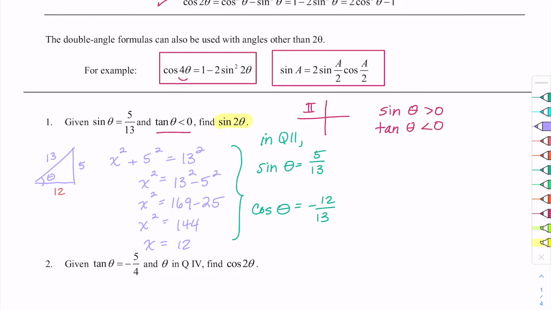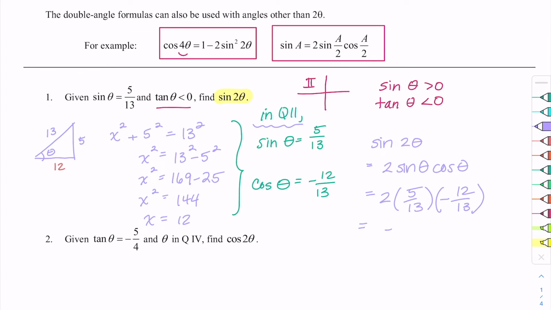So we have the sine of 2 theta, and that's equal to 2 times the sine of theta multiplied by the cosine of theta, and that's 2 times 5/13 times a negative 12/13. Again, our cosine is negative in quadrant 2. And so, to simplify this, we would come up with negative 120 over 169.